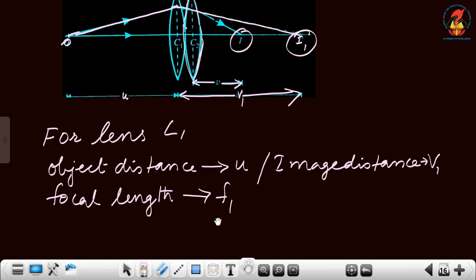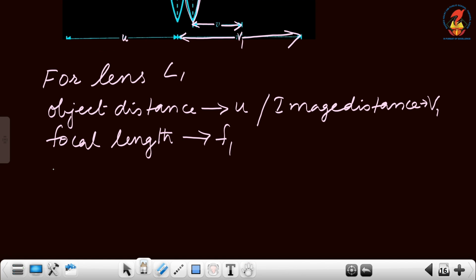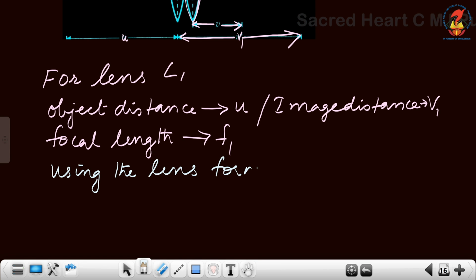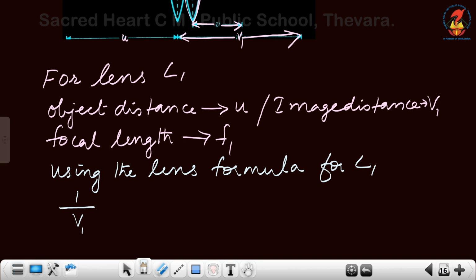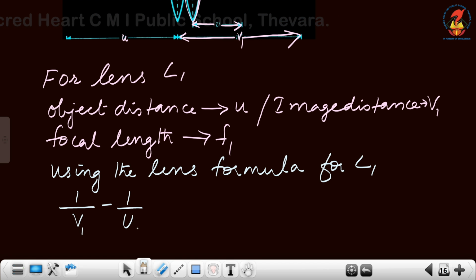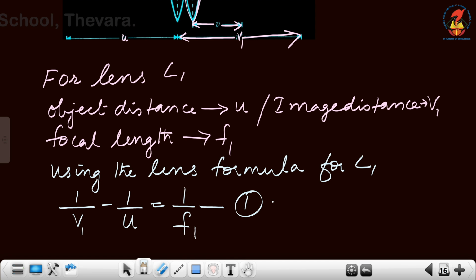Using the lens formula for lens L1, we get 1 by V1 minus 1 by U is equal to 1 by F1. This is equation 1.